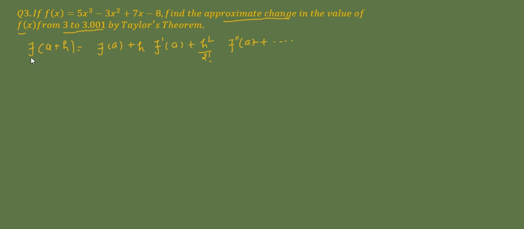So आपने जस्ट क्या करना है, इन दो पॉइंट्स का डिफरेंस फाइंड आउट करना है. सो आपने क्या करना है, एफ ऑफ ए प्लस एच माइनस एफ ऑफ ए, ये आपने कंप्यूट करना है. सो एफ ऑफ ए प्लस एच क्या हो जाएगा अकॉर्डिंग टू द क्वेश्चन?